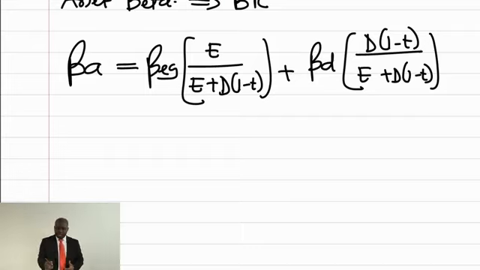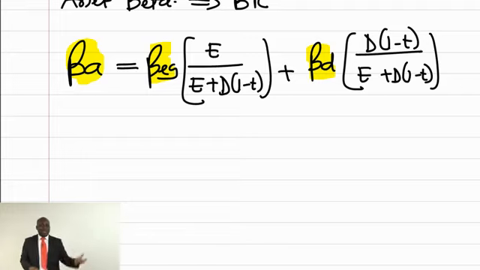So giving me the equity beta, which is geared, and debt beta, and equity and debt, I should be able to calculate the asset beta. Giving me the asset beta and the debt beta, I should be able to calculate what?